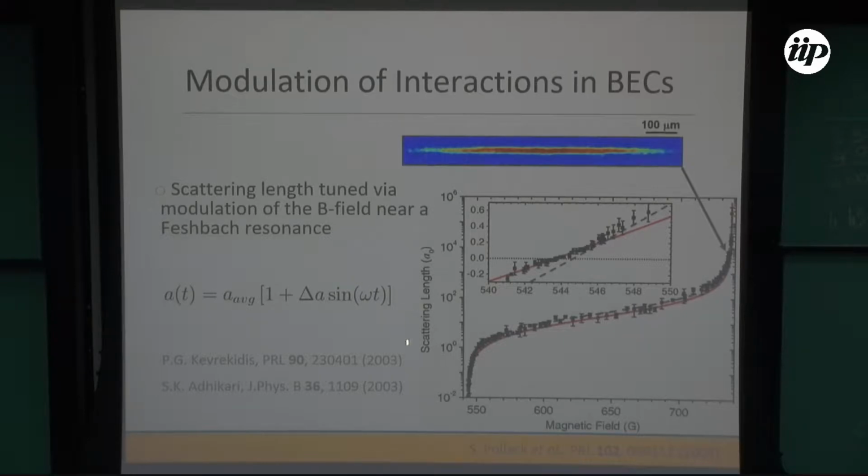The idea, as far as I can track, came from Kevrekidis and Adhikari early in the 2000s, and basically they suggested that if you use this external magnetic field, you can tune the interactions, and you can do that sinusoidally or in some other way. We chose to do it sinusoidally, and we got the results mostly by doing that, okay?